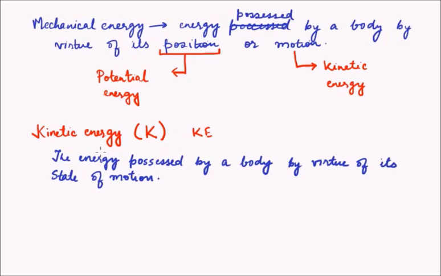Mathematically, the expression for kinetic energy is half into mass into velocity squared. This is the mathematical expression of kinetic energy. We will see the derivation of kinetic energy now.